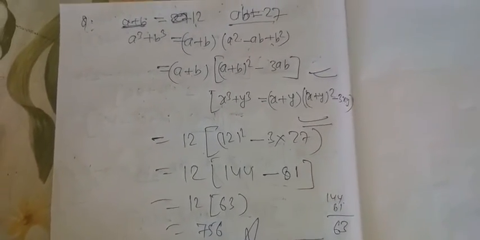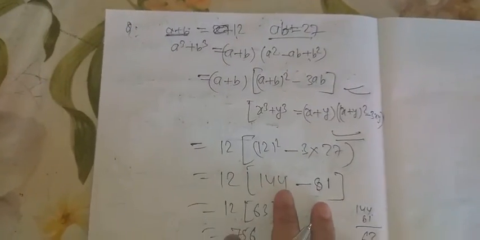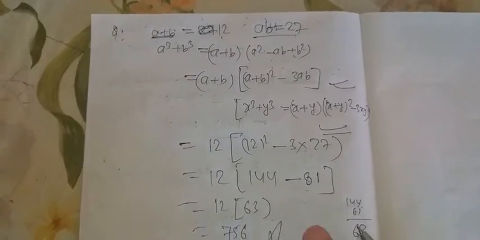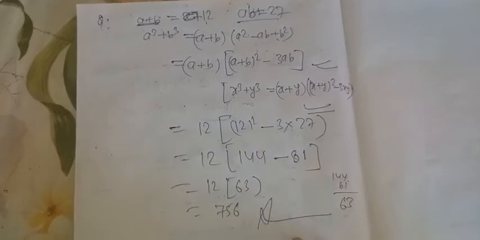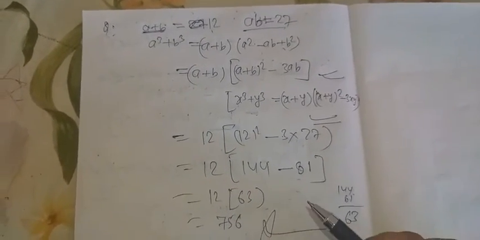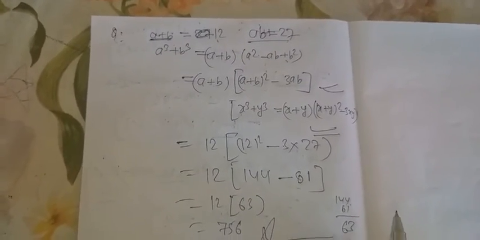So in this way you can solve, and you can observe that in every question I have used those identities. If you learn all those identities, then you will be able to solve the questions. By practicing this type of question, you can prefer the exemplar questions to practice.